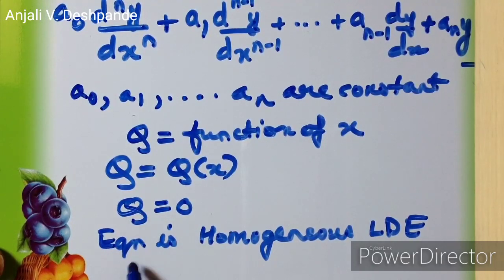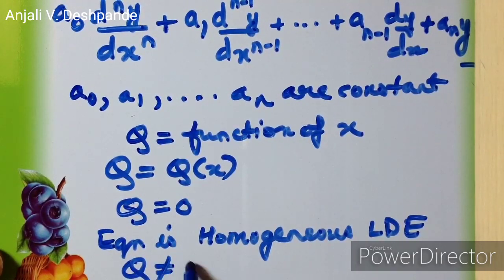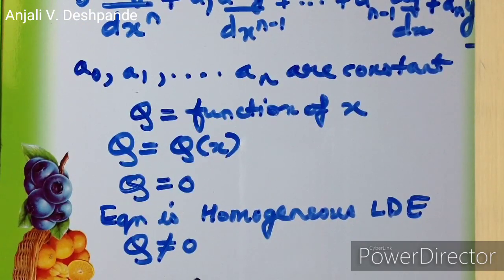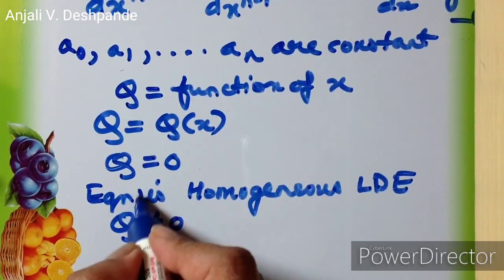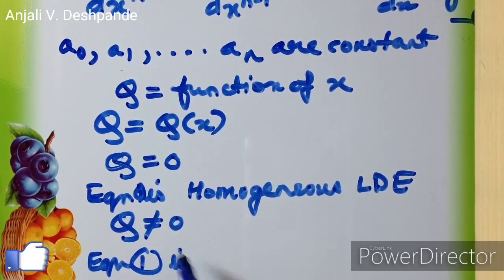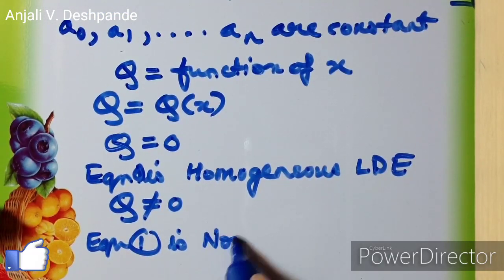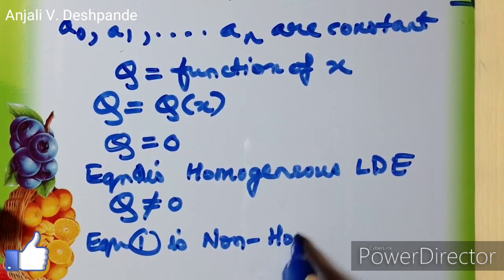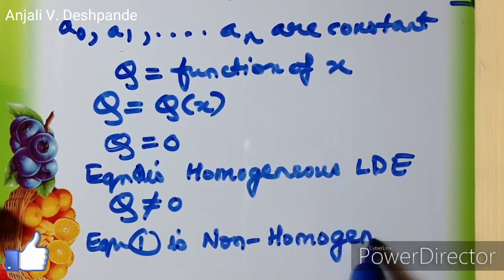And if Q is not equal to 0, then in that case this equation 1 is non-homogeneous LDE.